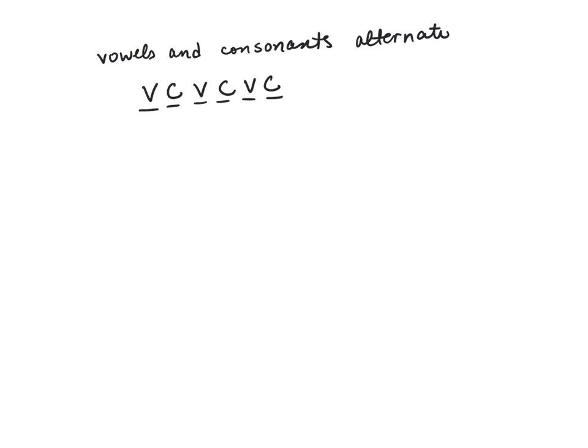So suppose they just asked in how many ways or how many permutations can be formed from the letters in the word radius with no repetition possible, and the vowels and consonants alternate. Well, this is a possibility, but also this would be a possibility.